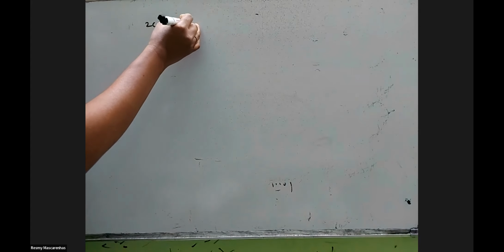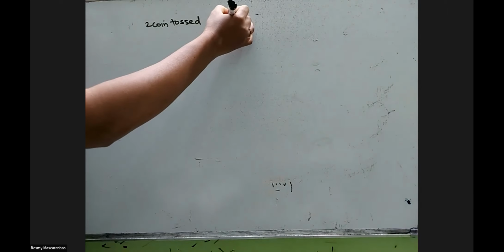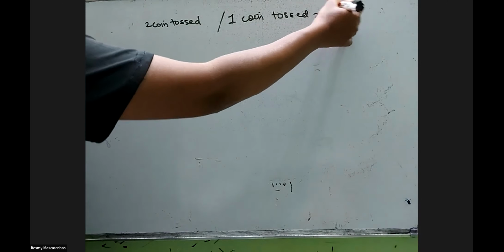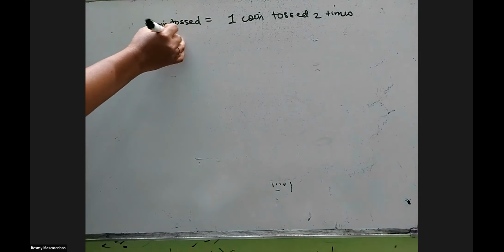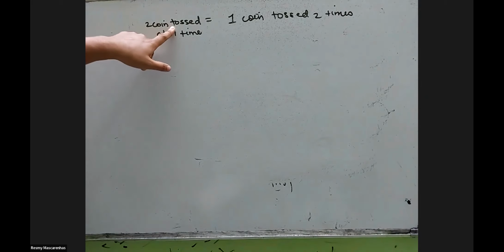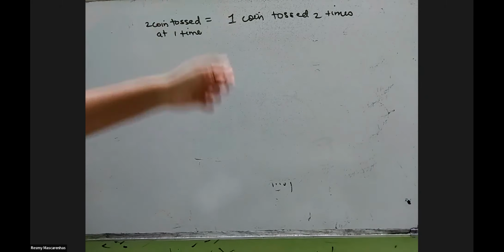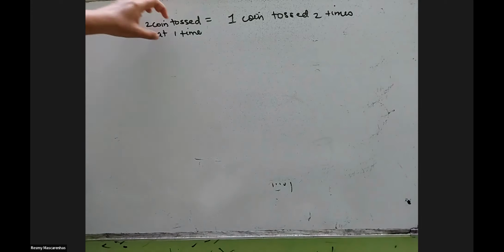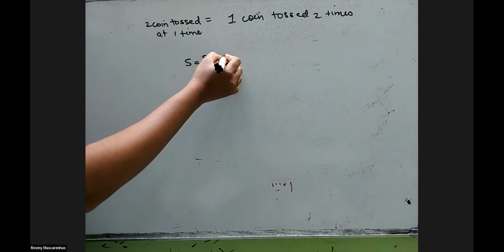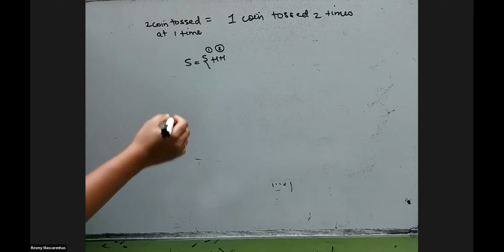So there are two coins tossed. Two coins tossed or one coin tossed two times, it means the same. The sample space will remain the same, whether you are tossing two coins side by side or one coin two times.